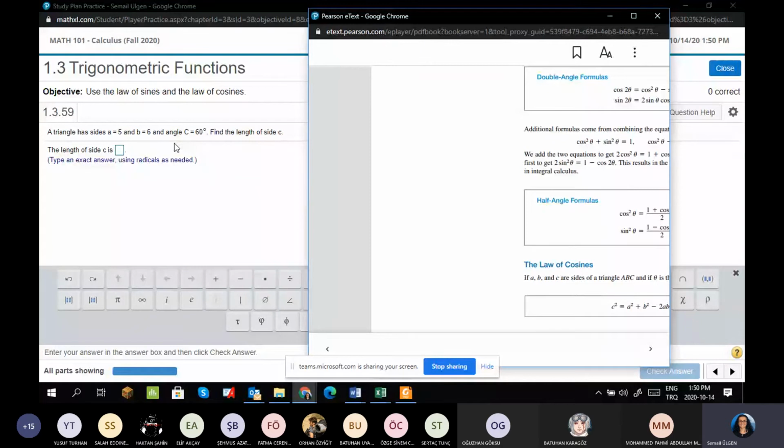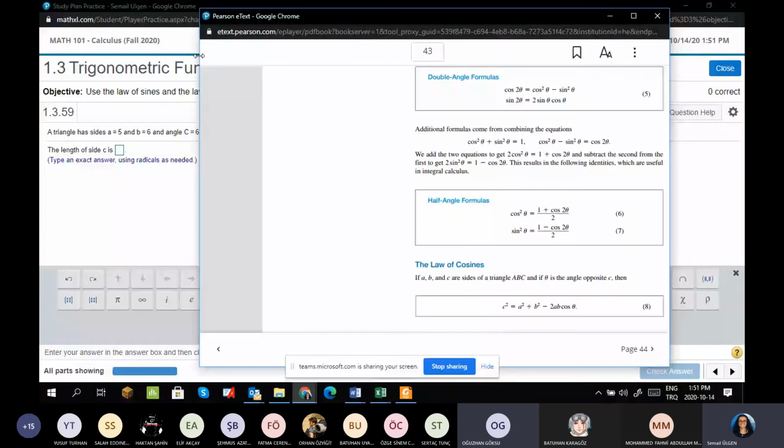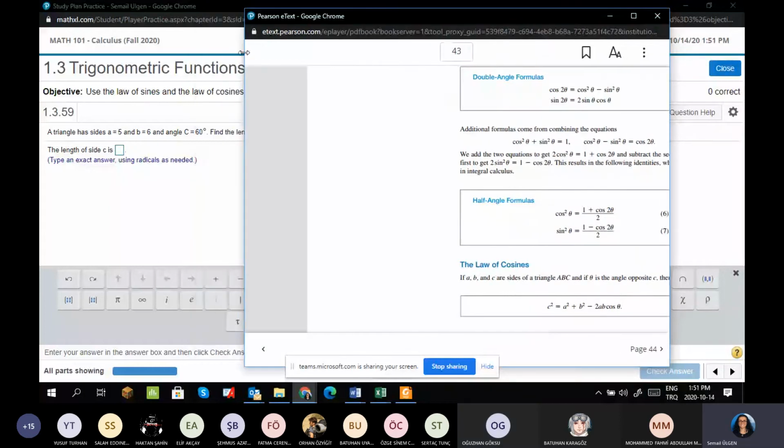Is that true? 61 minus A times B. A times B is 30. This is 2, and cosine 60 is 1/2. Are we squaring cosine? No, it's just 1/2. So 61 minus 30, it should be 31.